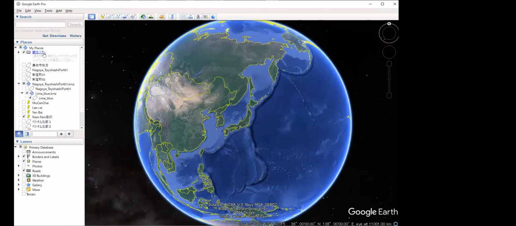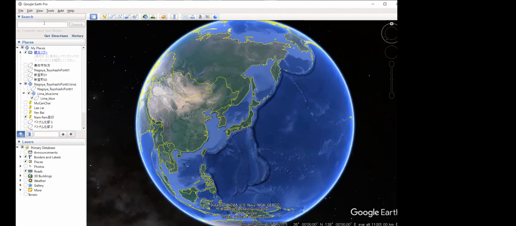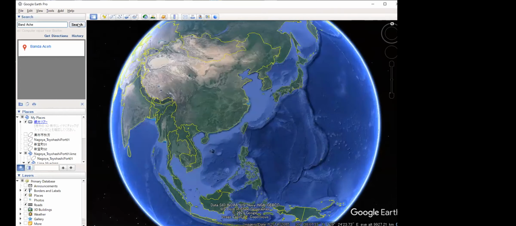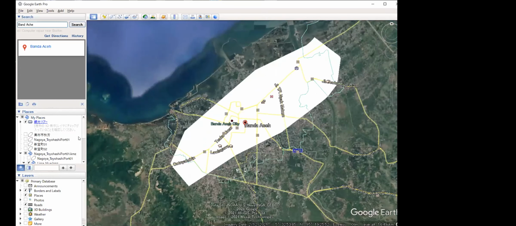So I try to make a polygon and measure the area extent around the Banda Aceh area. I put in a place name, Banda Aceh, and search the area. Okay, sorry.